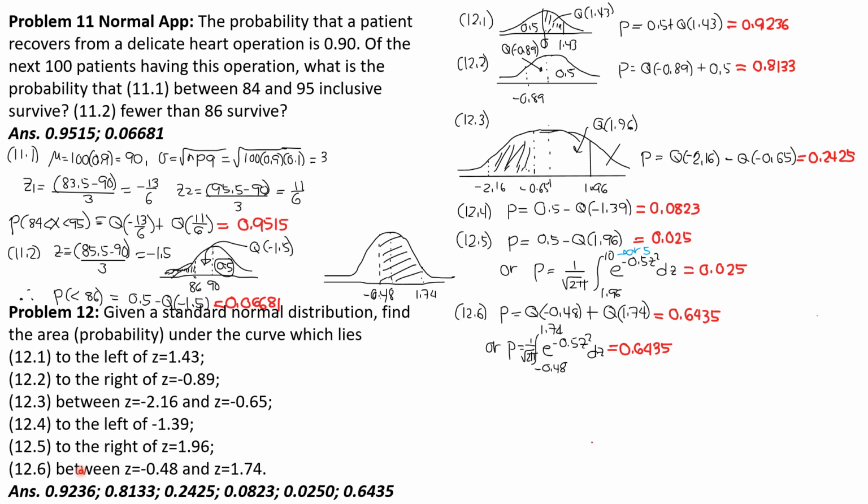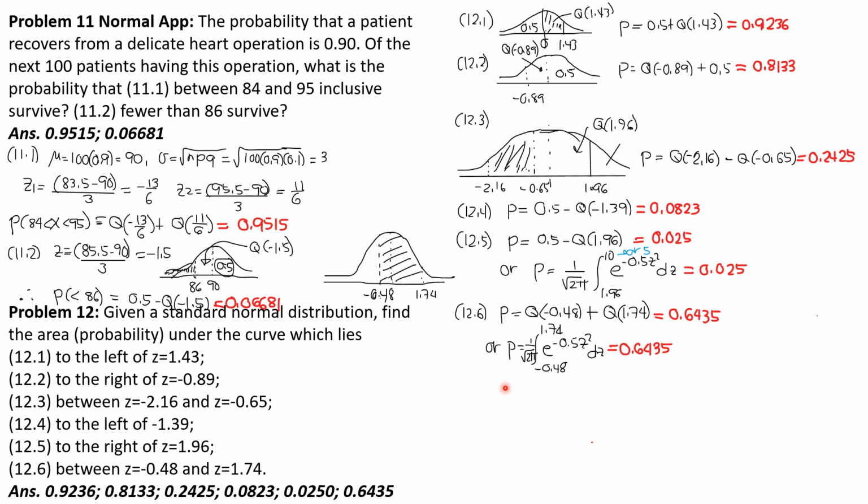Then finally, 12.6, between z equals negative 0.48, which is this, and z equals 1.74. This is Q(-0.48), this is Q(1.74). So using your calculator, Q(-0.48) plus Q(1.74), it is 0.6435.